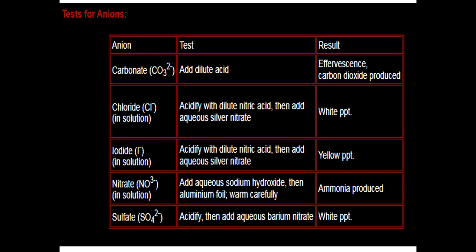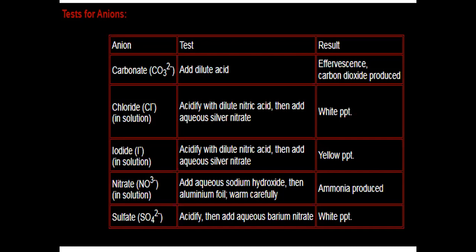Let's suppose, beta, you have one solution and you need to find out what kind of salt is there. In IGCSE, GCE, Edexcel, in all these boards, we have two reagents that are used to identify different kinds of ions, meaning cations and anions of the salt, because we know that salts are ionic compounds.